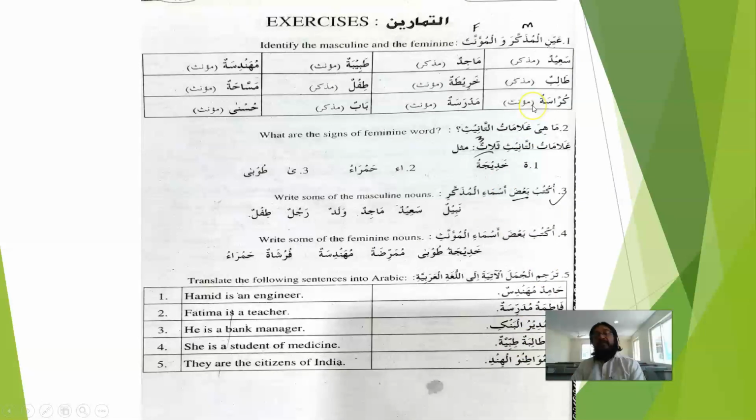Exercises 1, 2, 3, 4, 5 are very, very important for final examinations. These are the pattern questions for the final exam. As I told you, these are compulsory questions. Nothing to do. Already you know the signs of feminine gender, which are three.